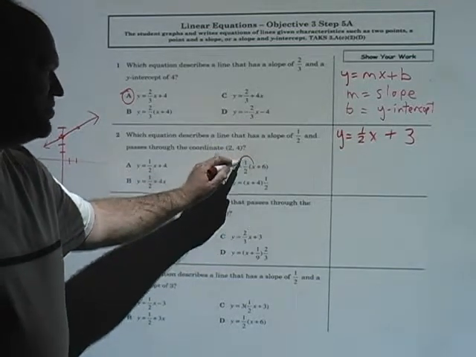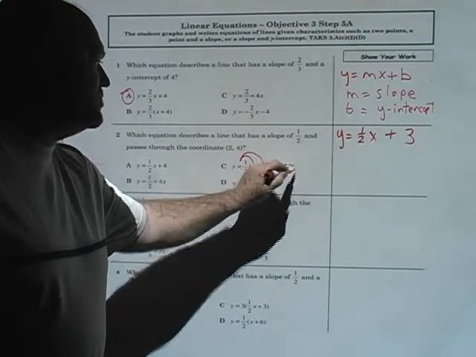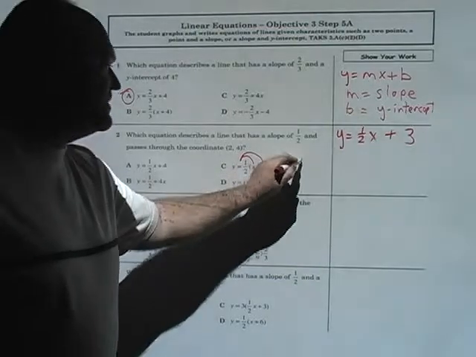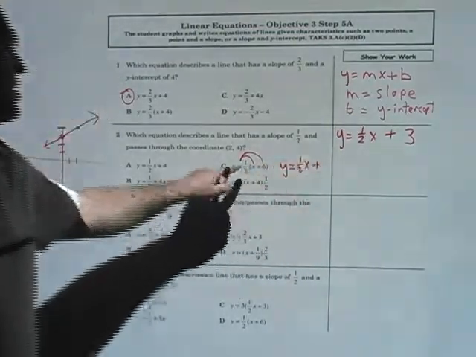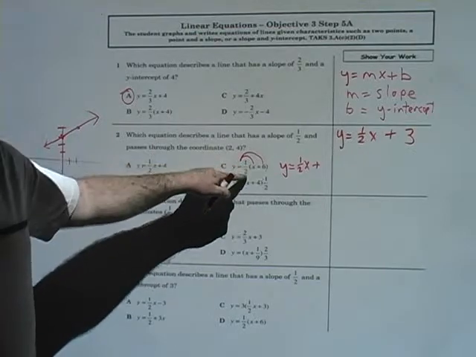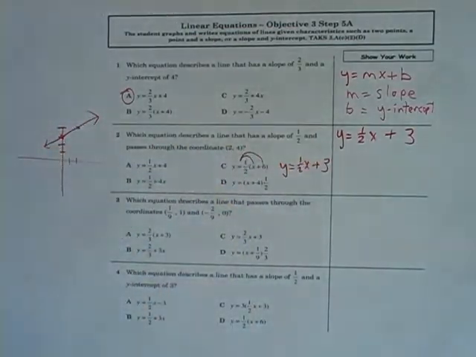If we do that, use the distributive property, you get y equals 1/2 x plus 1/2 times 6, or 1/2 of 6, which is 3. Okay, so that is the answer. Okay?